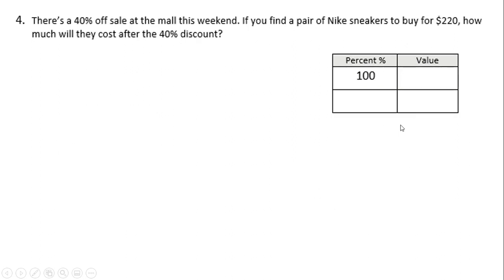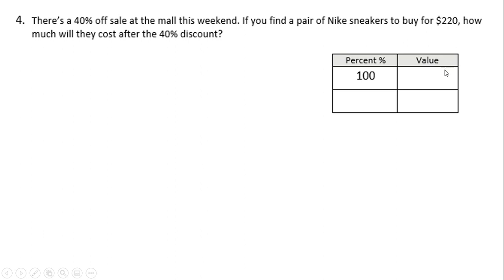Number four, feel free to pause, rewind, rewatch anytime. There's a 40% off sale at the mall this weekend. If you find a pair of Nike sneakers to buy for $220, how much will they cost after the 40% discount? 100% of the shoes or the cost would be $220.